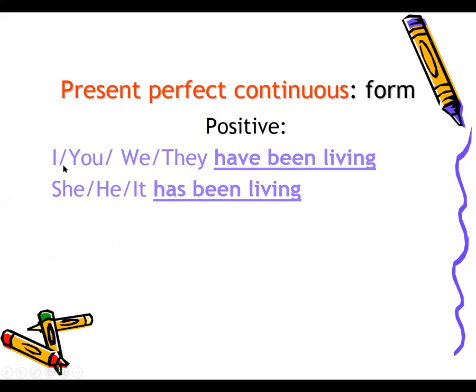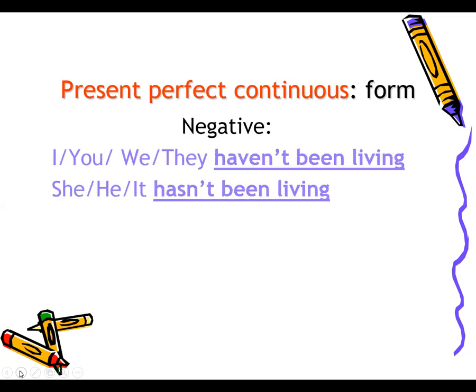With I, you, we, they, and plurals, we use have been and the first form of the verb with ing. She, he, it, or any other singular noun or singular subject, has been and the ing form of the verb in order to make a present perfect continuous tense.